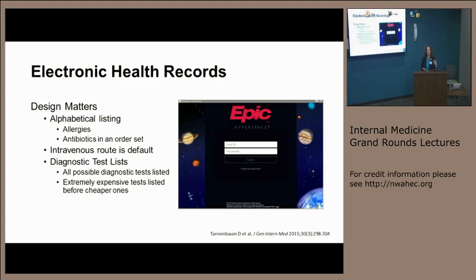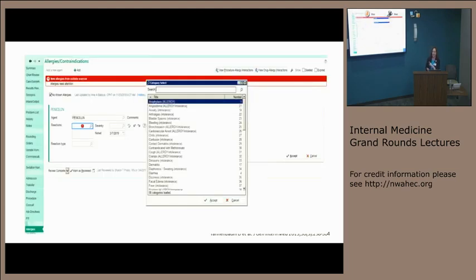And then in terms of diagnostic stewardship, we can actually see overtesting occur because of diagnostic test lists. So too many tests are listed, or the expensive ones are listed before the more routine, inexpensive ones. And just to look at our own EPIC, you can see our allergy reactions.